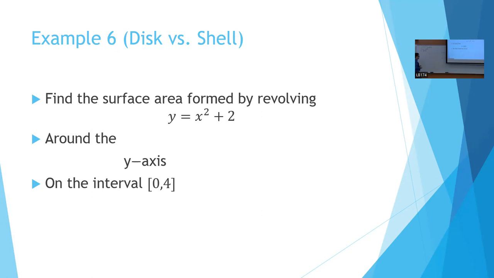So if we draw the picture, y equals x squared plus 2 is a parabola from 0 to 4. I'm going from the point 0, 2 to the point 4, 18.